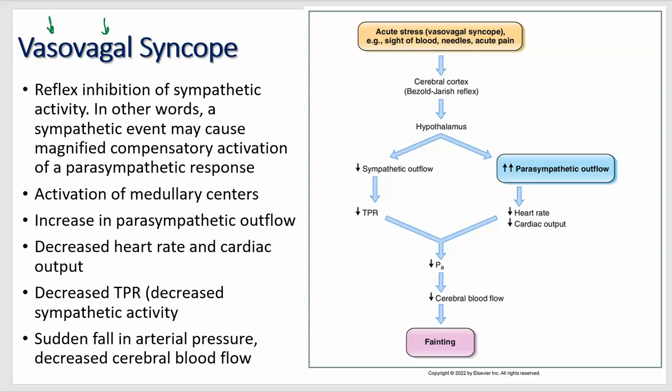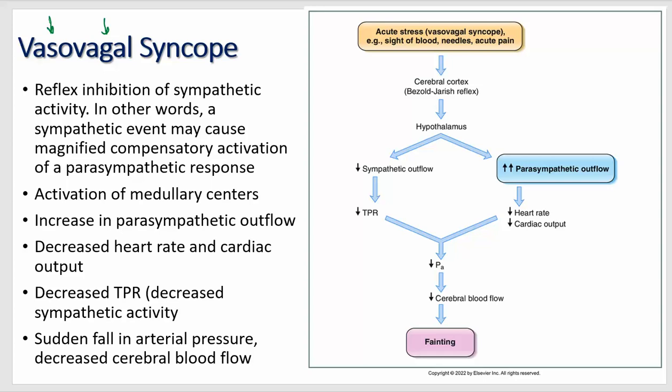So reflex inhibition of sympathetic activity, in other words, a sympathetic event. Somebody may see blood, some people kind of freak out with that, they see blood and they pass out. A sympathetic event may cause magnified compensatory activation of the parasympathetic response.